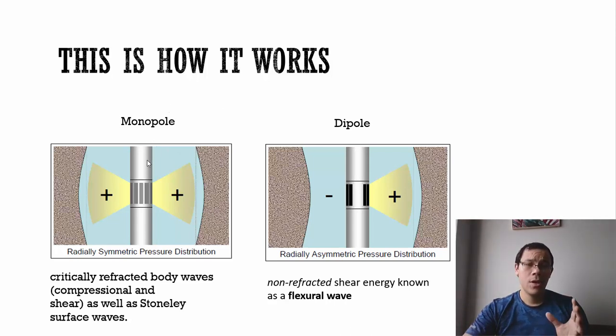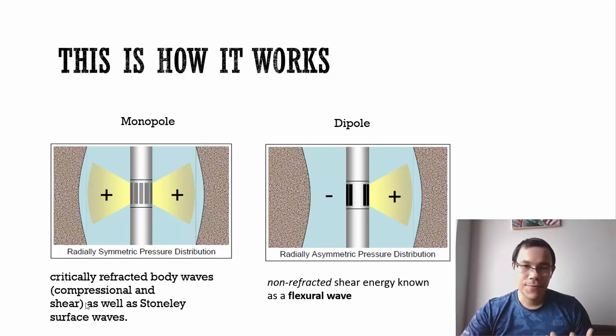In the case of monopole transmitters, they are able to generate compressional waves. In some formations, they are able to create shear waves as well, but not in every single formation.